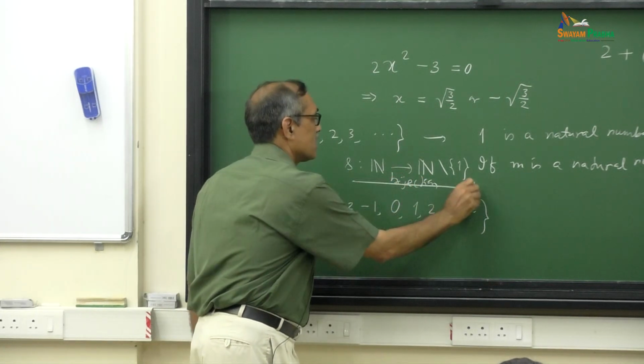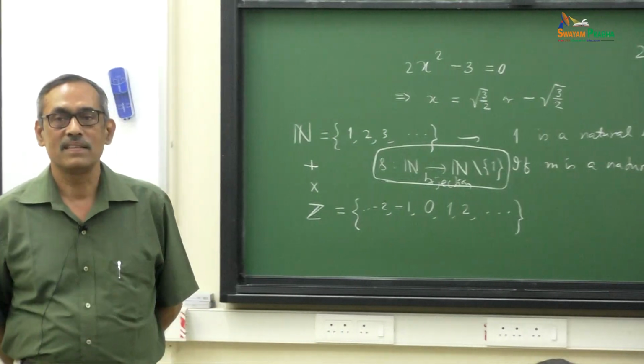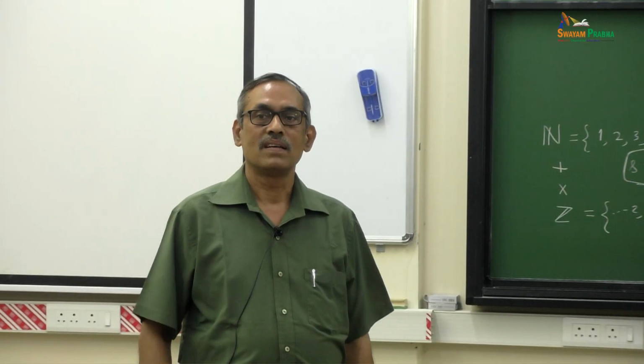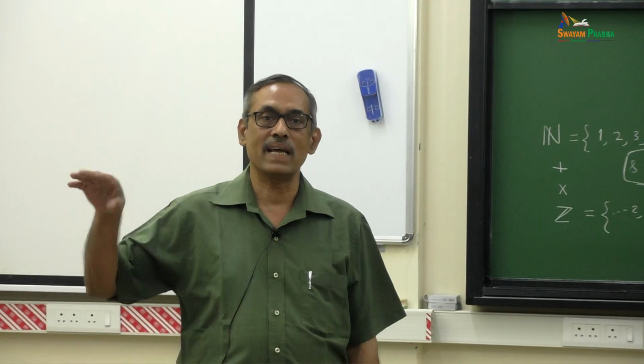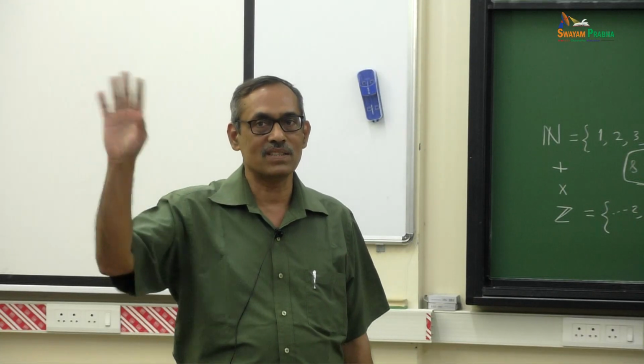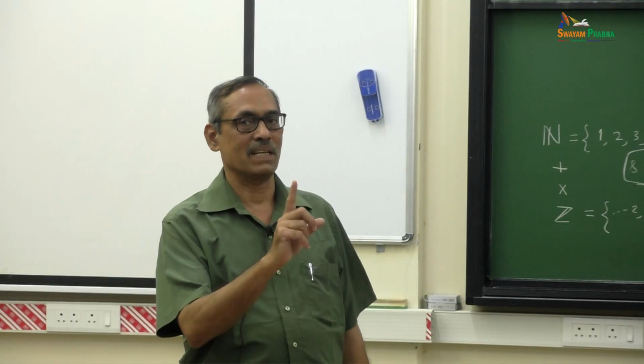Only this much I need, right? It is a function which is a bijection, 1-1 and onto. It is starting from n, ending with n minus 1. 1 is not there in the range. 1 is not a successor of anything, right? So that is my starting point.